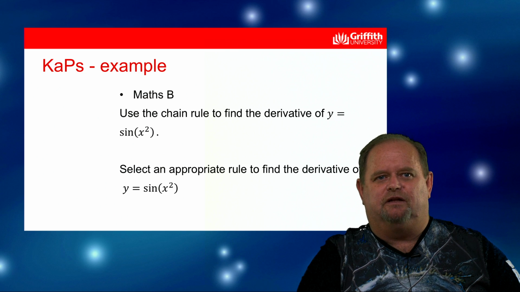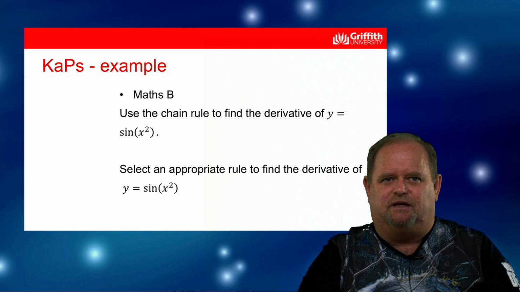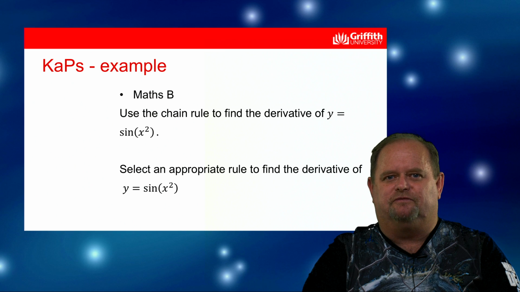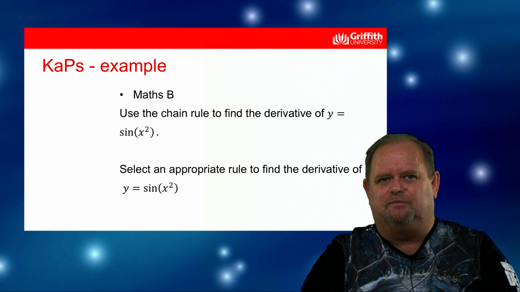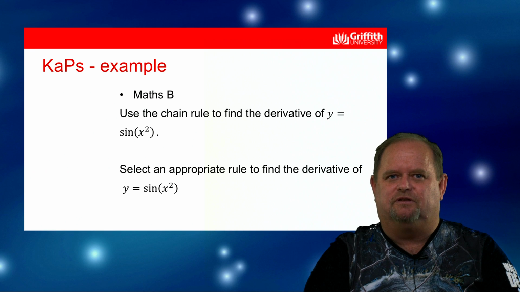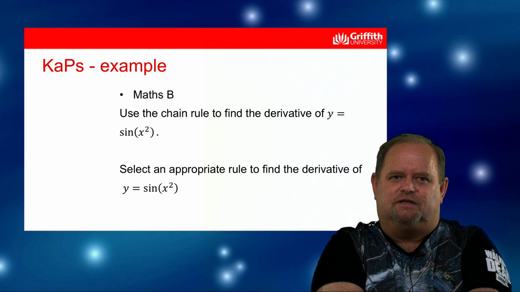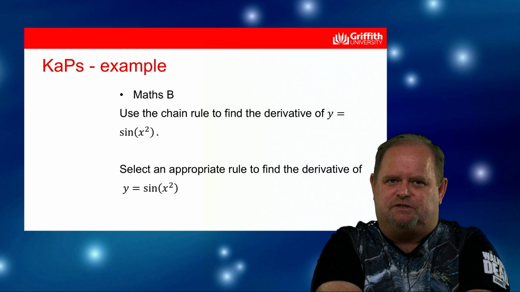Okay, another one that we might have in Maths B, and I've just changed the question here a little bit. Maths B would say use the chain rule to find the derivative of y equals sine x squared, as opposed to the question select an appropriate rule to find the derivative of y equals sine x squared.